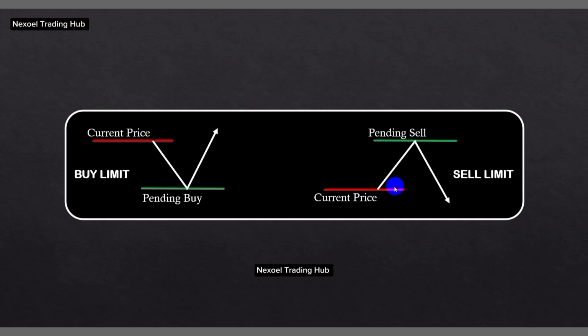But for the pending order under the limit order, now you want to execute a sell trade, and this is the current price, and you don't want to execute at the current price. Then you will set your order above the current price, expecting that when price pulls back, price would activate your sell order, and then you would ride with price to the downside. So this is what you have to know about the limit order.